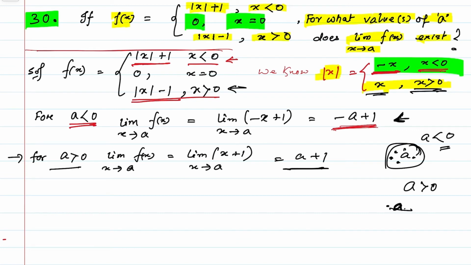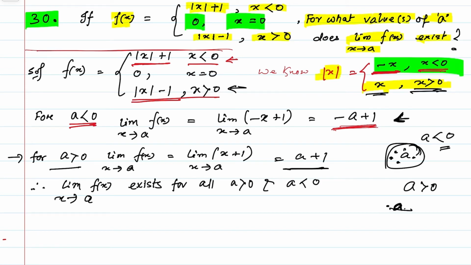Therefore, limit of f of x when x tends to a exists for all a greater than 0 and a less than 0, in both the cases.